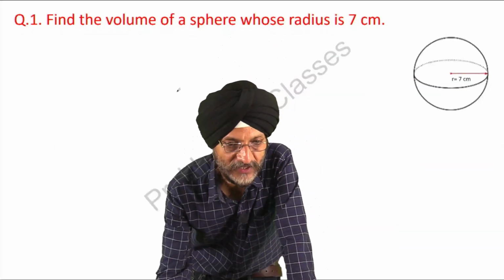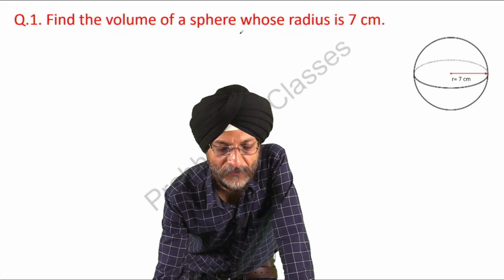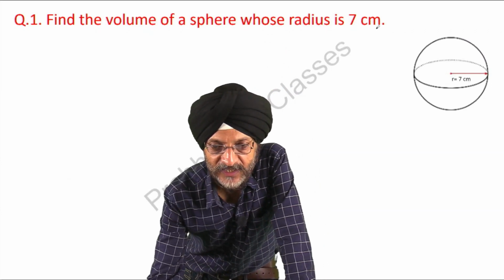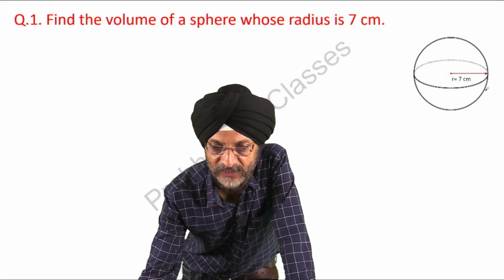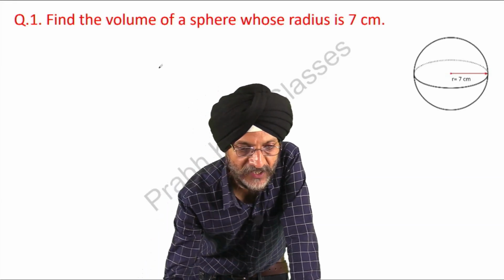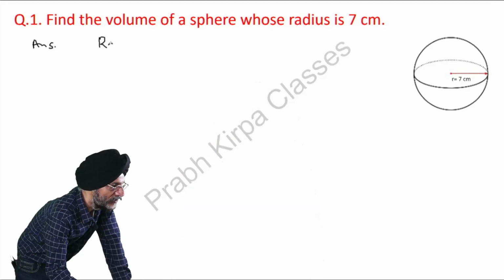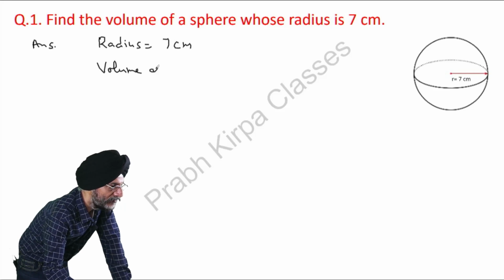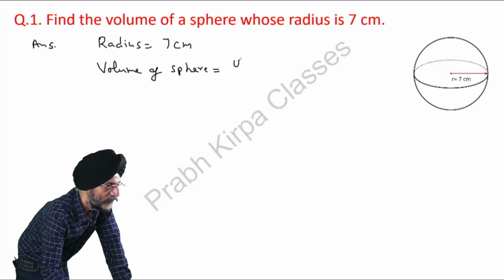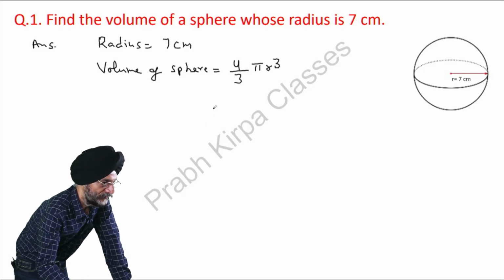Now the question before us is, find the volume of a sphere whose radius is 7 centimeter. In this picture you can see that this is a sphere and the radius has been given as 7 centimeter. We will solve this question. Radius given is 7 centimeter. Now the volume of sphere is equal to 4/3 pi r cube.